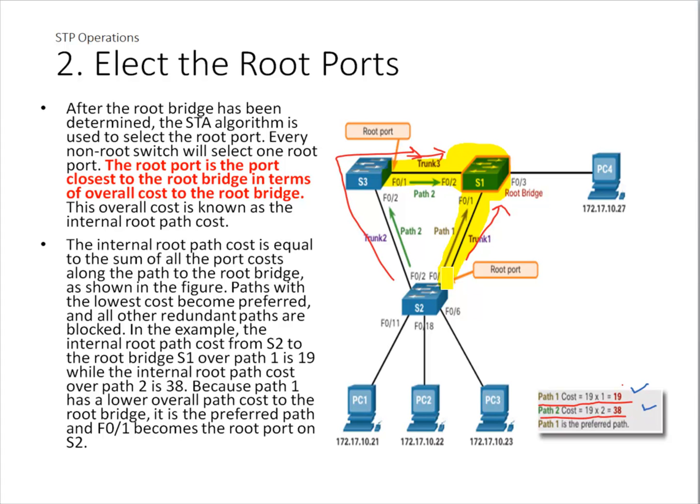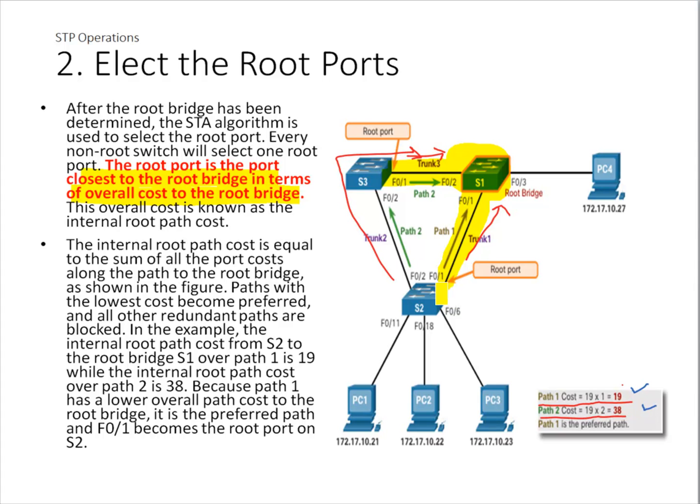Now we have to choose a very important one, which is called the root port. What is a root port? A root port is the port closest to the root bridge in terms of overall cost to the root bridge. Now, S1 is the root bridge.